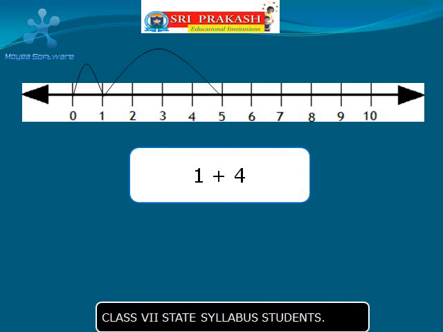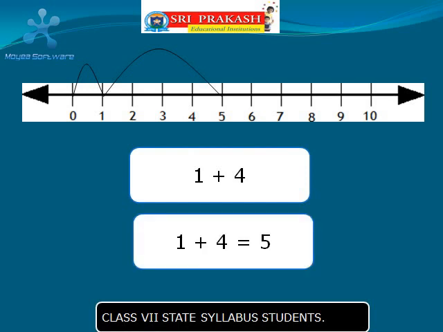So from 1 we should move towards right hand side by 4 spaces or 4 units. 1, 2, 3, 4. Now we reached at 5. So the answer for 1 plus 4 is 5.